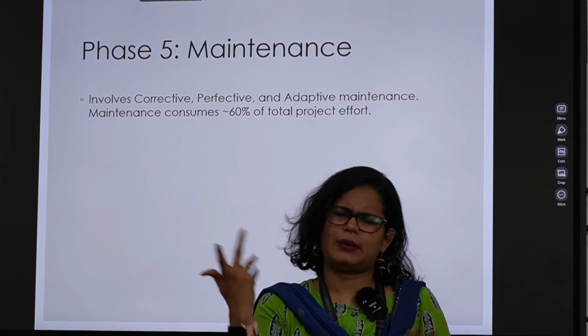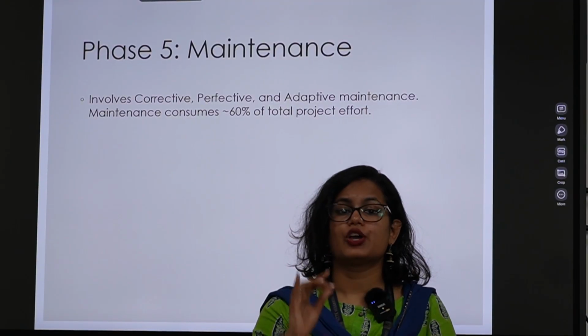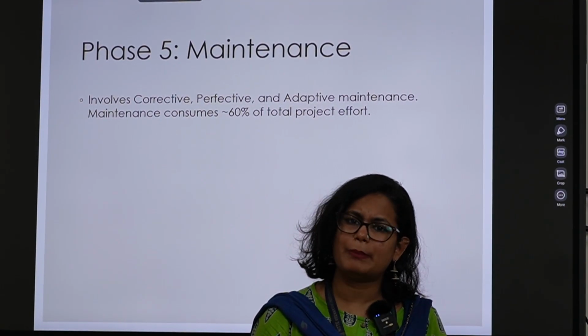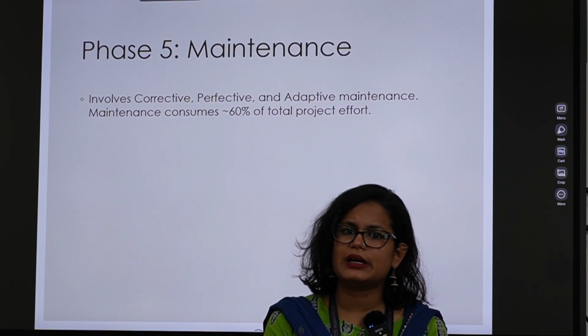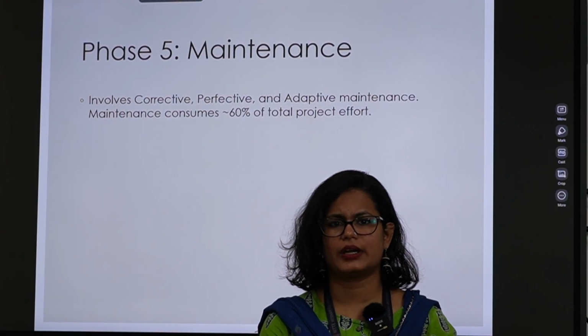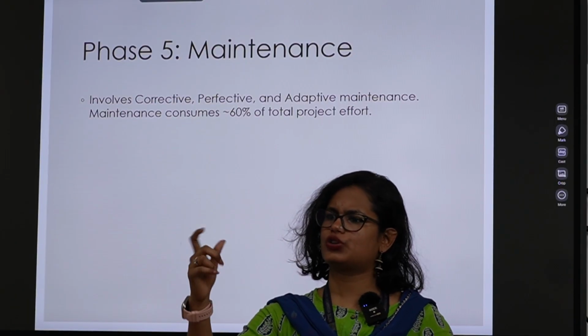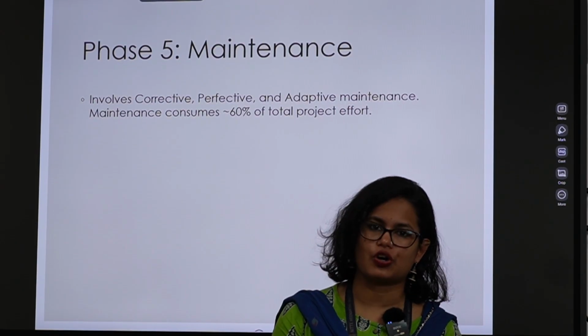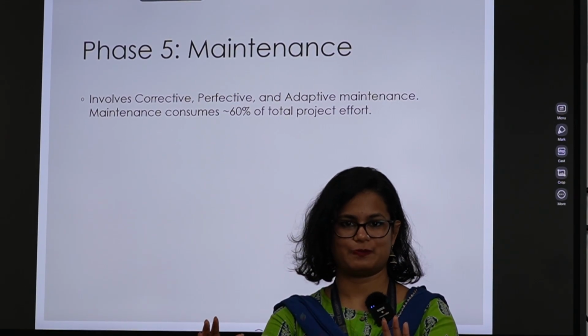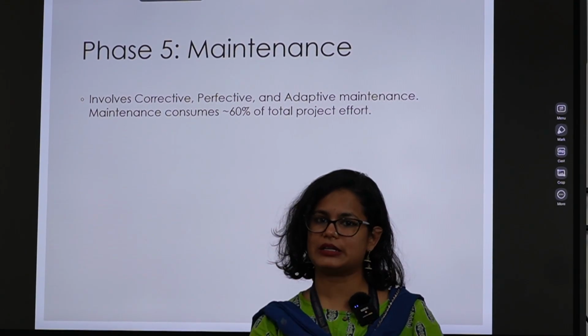May not be big errors, maybe big errors, maybe small errors. You need to correct those errors for your maintenance. Just like a maintenance of a building, when you have completed the building, maybe some door on some room is not working, right? Maybe there is some pipe which has gone wrong. So you are just going to correct what already exists, right? That's going to be your corrective maintenance.